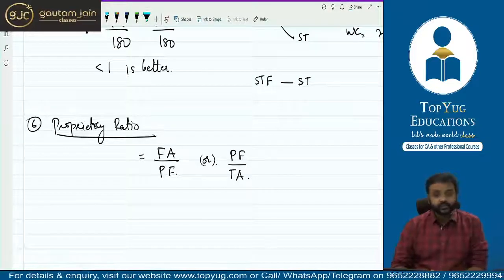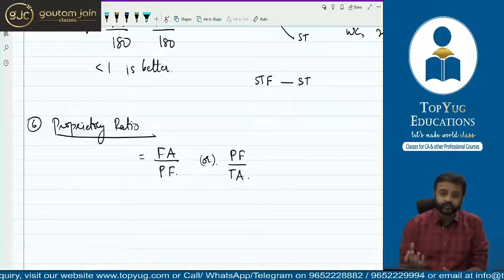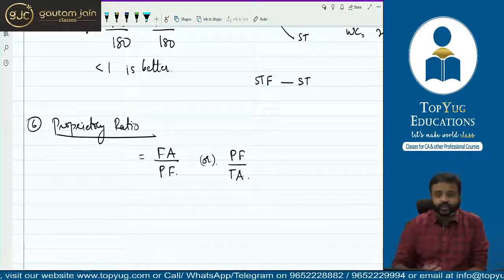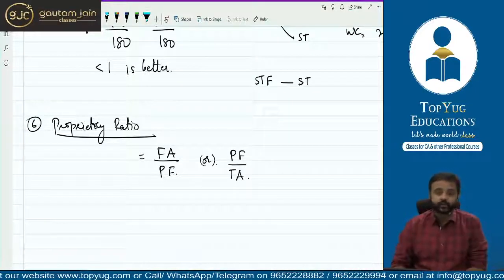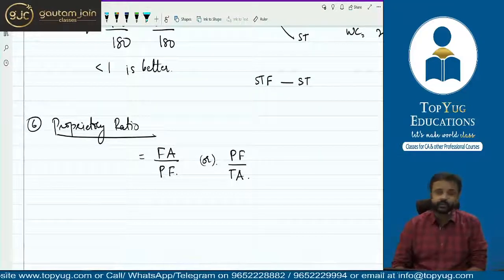Understand? Two formulae are there. That means this is again a limitation, as we have discussed earlier also. One ratio but two formulae. So few people use this approach wherein they take fixed assets upon proprietors funds, and few people take proprietors funds by total assets. Okay.